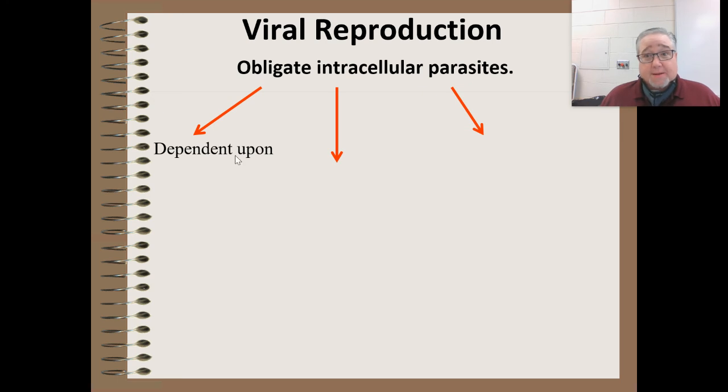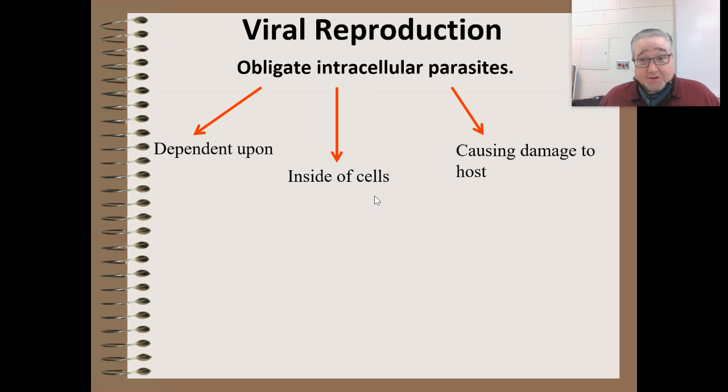They are completely dependent on something for survival. Intracellular means that they have to get inside of your cells. So if they can't get inside your cells, they're not going to survive. So they're dependent upon getting inside of your cells. And they're also parasites, which means that if they get inside of your cells, they're going to cause damage to those cells and possibly even kill them.